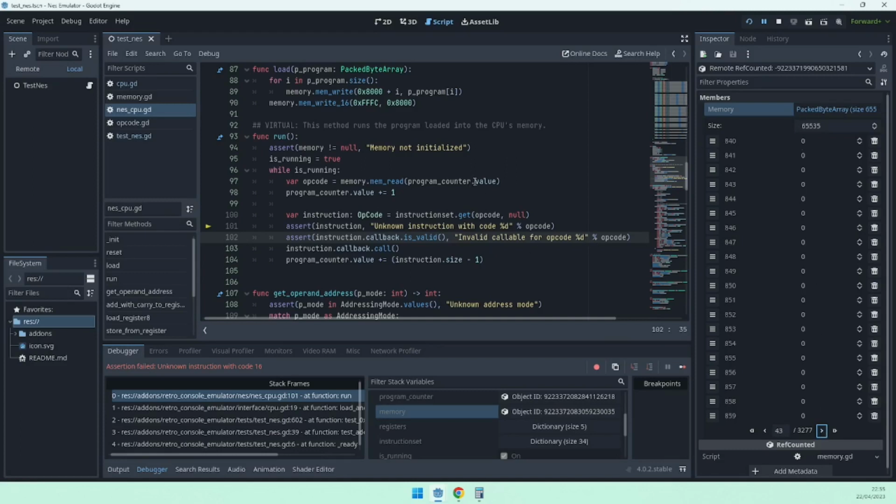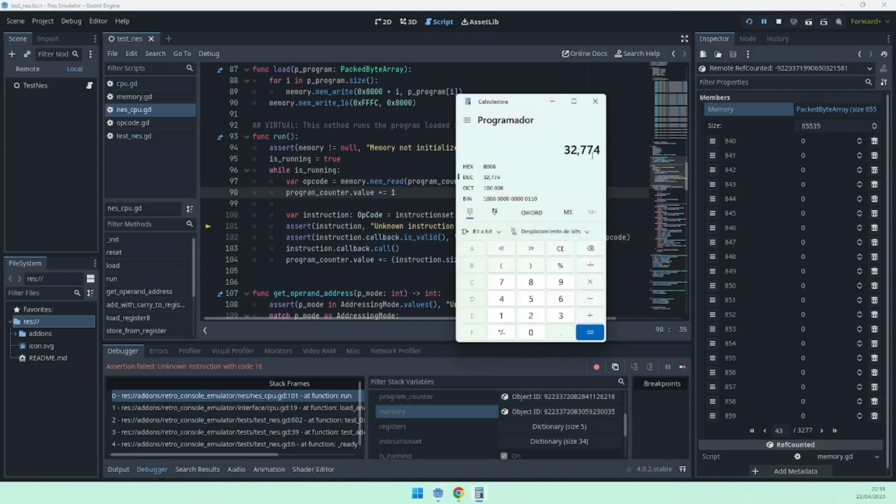What was the value of the program counter? Because this is in decimal. Okay, 32,774.